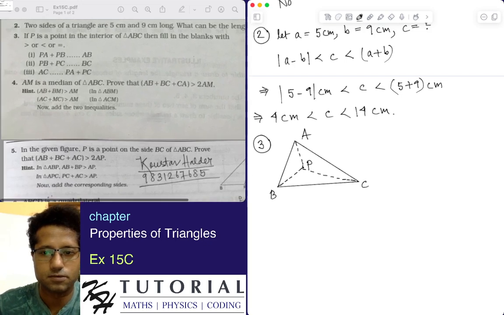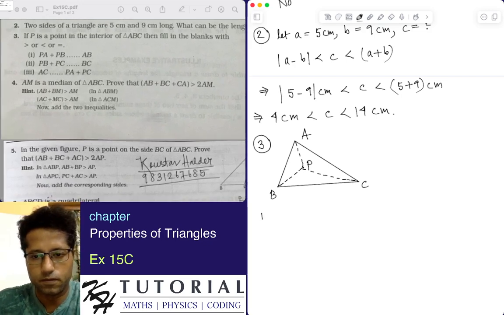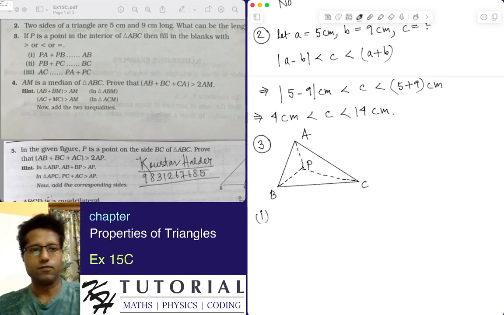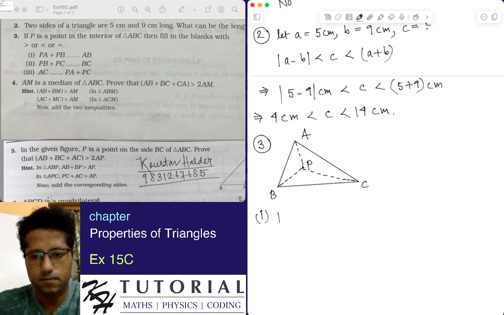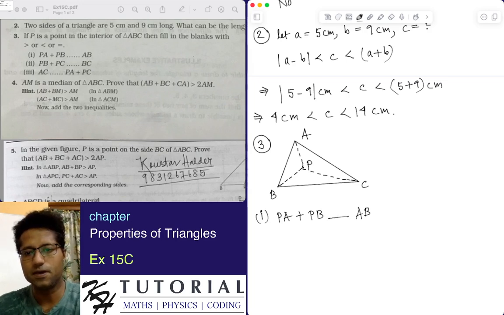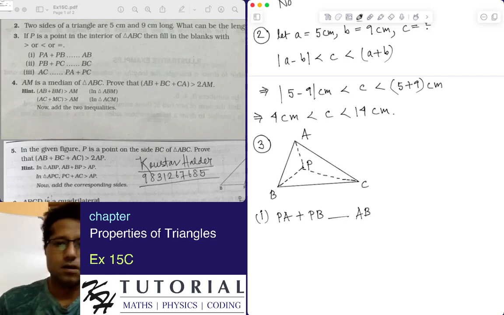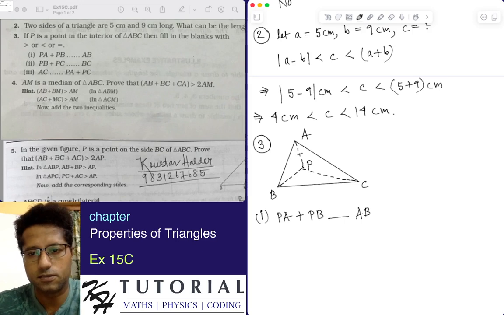This is a fill in the blanks problem. The first one, we have to fill in the blanks with the less than sign or greater than sign or equal to sign. So the first one is PA plus PB dash AB. This is PA and this is PB.